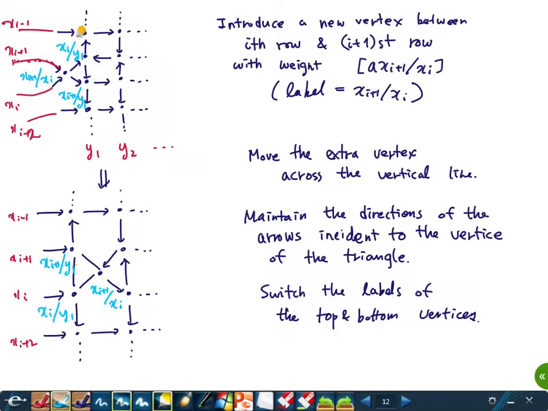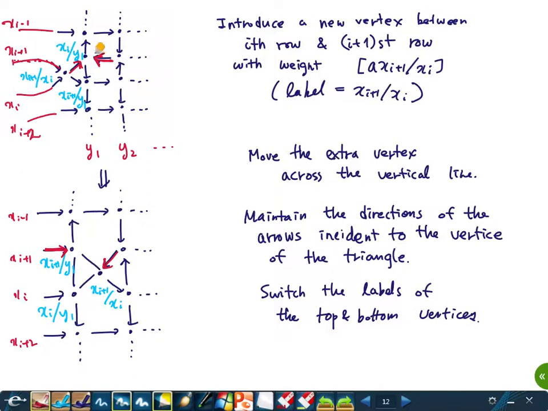And I kept the orientation of the arrows. For instance, this one, if you look at this part, this is the arrow coming in to this vertex from the west. It's the same, like that. What about this? This one is the arrow going out from this vertex. This is still an arrow going out from this vertex to the left, to the east.